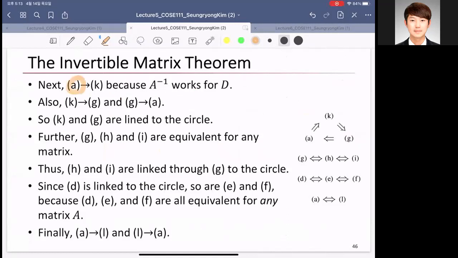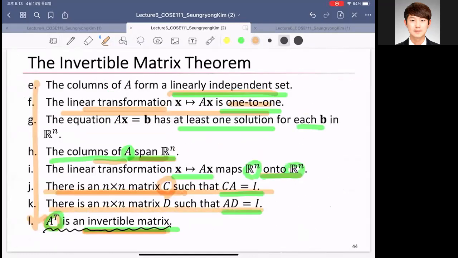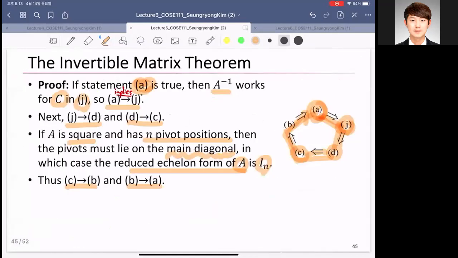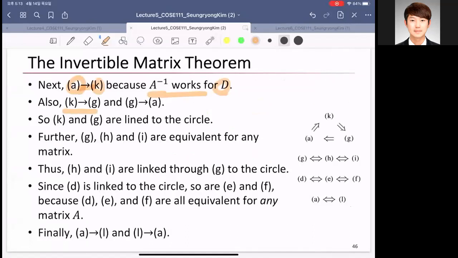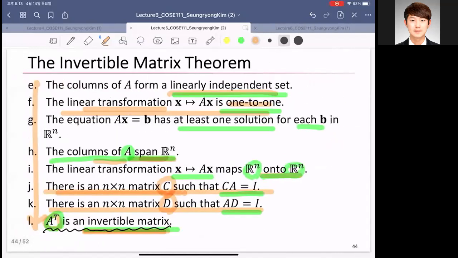Next, A to K, because A inverse works for D. By definition, there exists D. Then K to G. K implies G, G implies A. What was G? Equation Ax equals b has at least one solution for each b in R^n. Why?